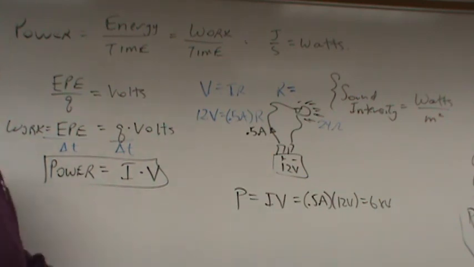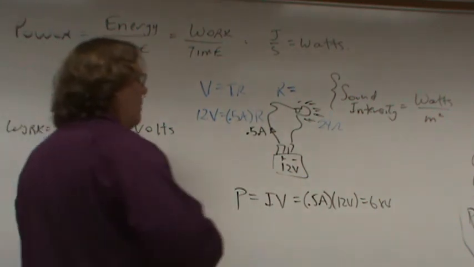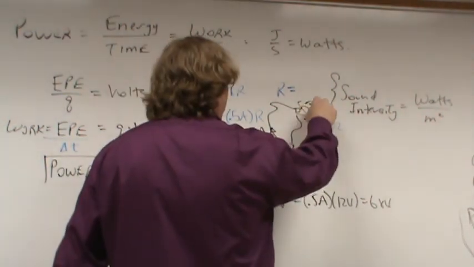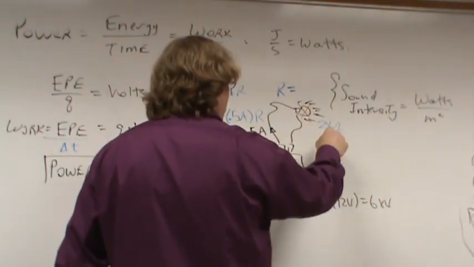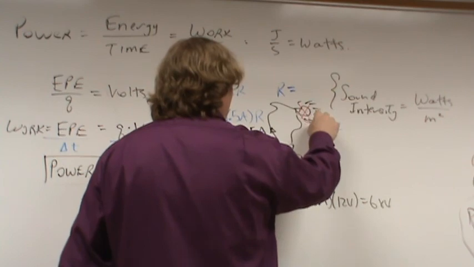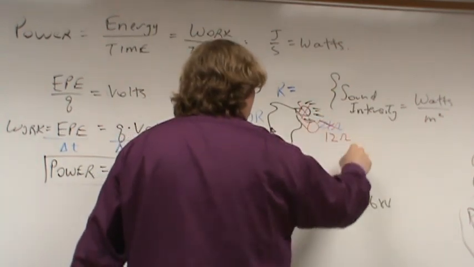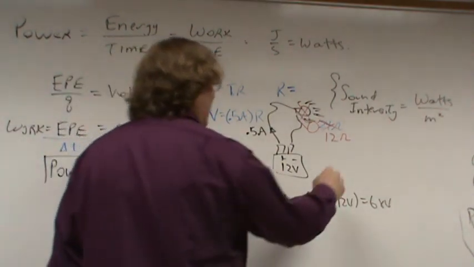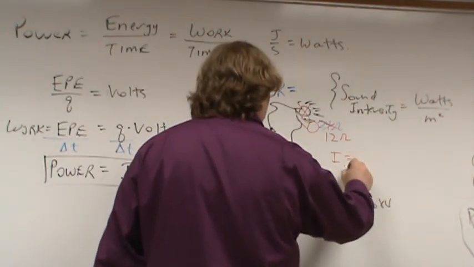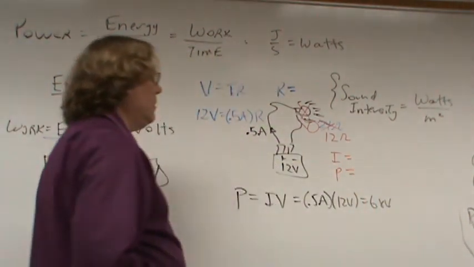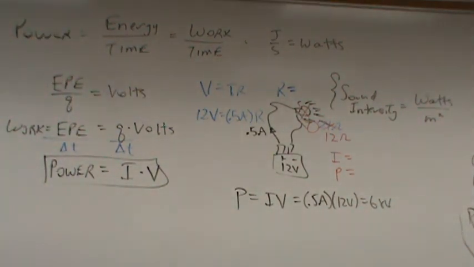Let me give you another problem. Are you ready? I am now going to get rid of this light bulb and put in a new light bulb whose resistance is only 12 ohms. I'd like you to find me the current, and I'd like you to find me the power. I've got this new 12 ohm light bulb in the place of the 24 ohm light bulb. What's the current? What's the power?